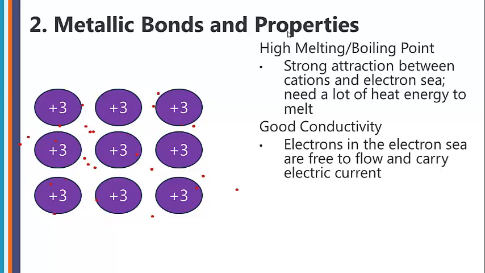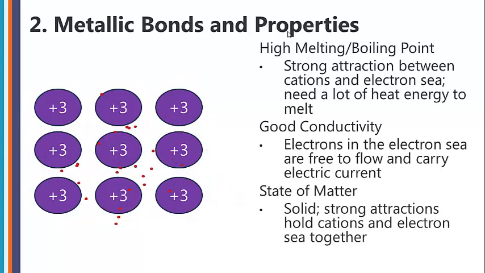This is because the electrons in the electron sea are able to flow. So they're free to flow and they can carry electric current or heat with them. And the state of matter of most metals is going to be solid, and this is again due to those strong attractions between the cations and the electron sea. The notable exception here would be mercury.